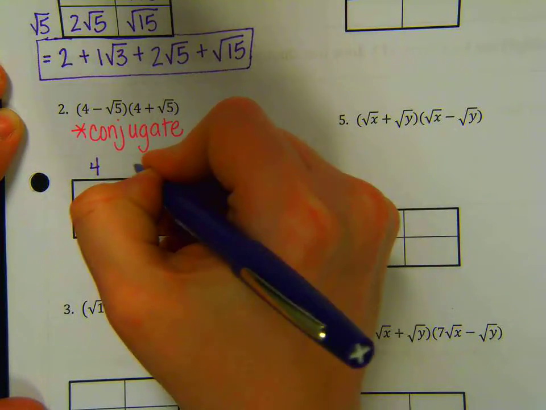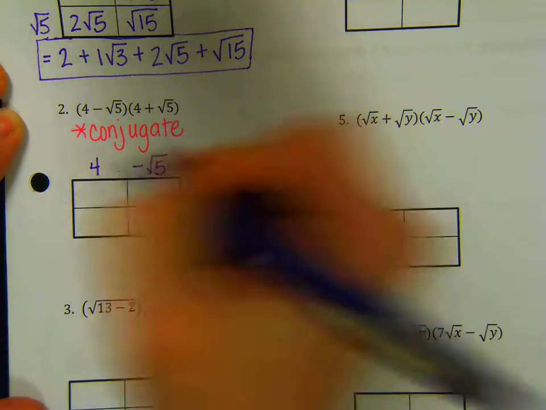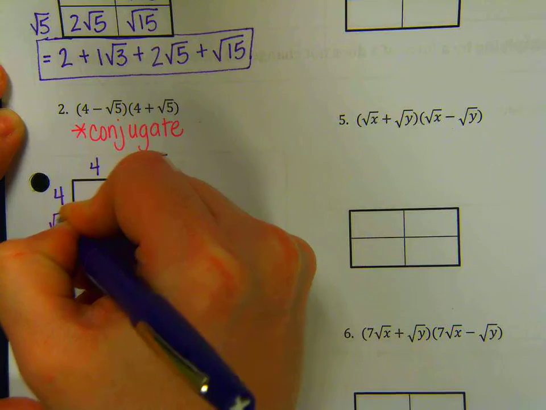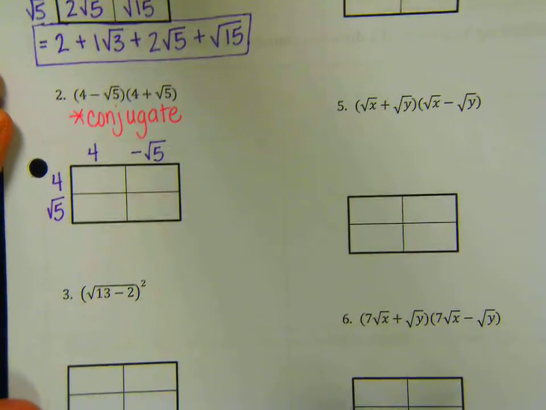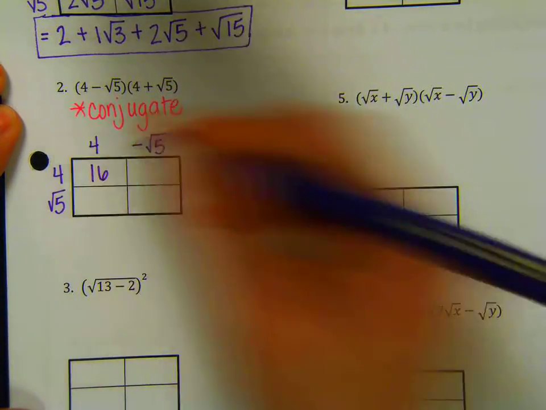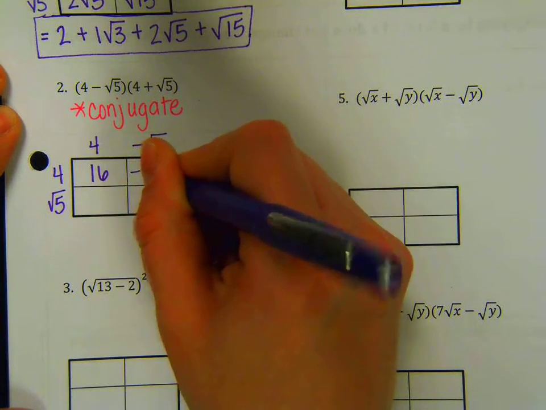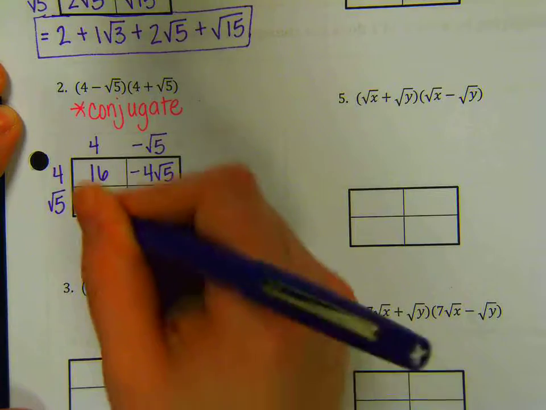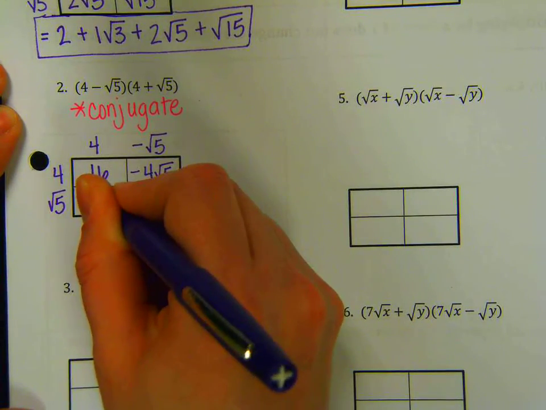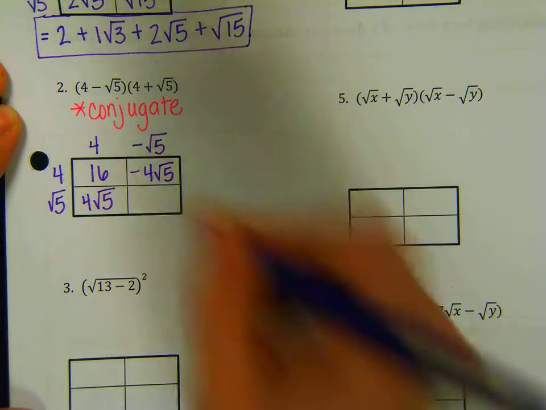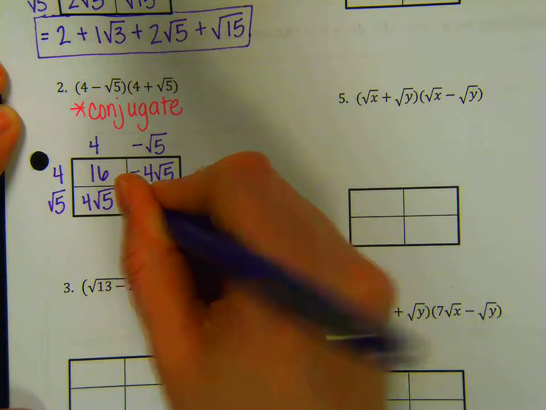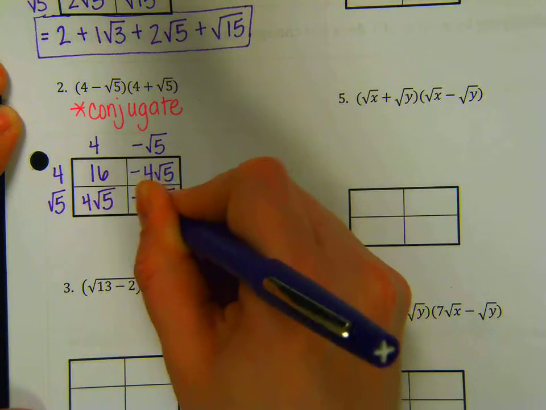So we have 4 negative root 5. 4 positive root 5. Good, 16. I would put the negative out in front, so negative 4 root 5. Good, 4 root 5. Negative square root of 25.